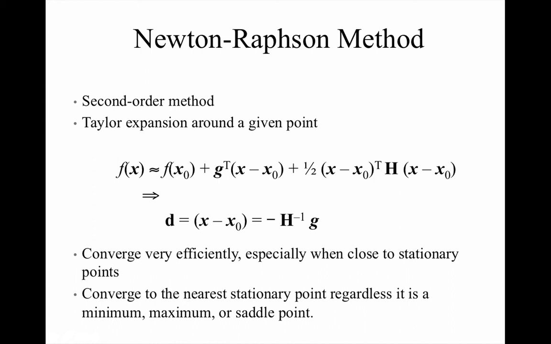So by using the Newton-Raphson method here, we are able both to go up and to go down in energy. It converges very efficiently, especially when we are close to stationary points. And as said before, a characteristic of the Newton-Raphson method is that it converges to the nearest stationary point, regardless of this being either a minimum, a maximum, or a saddle point.